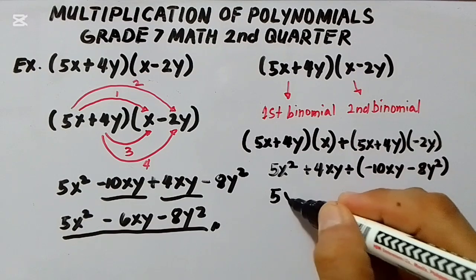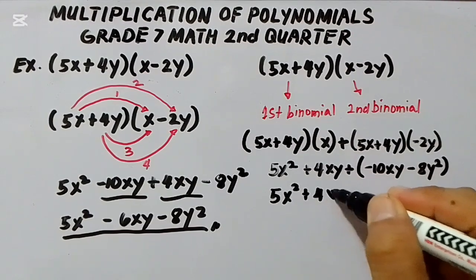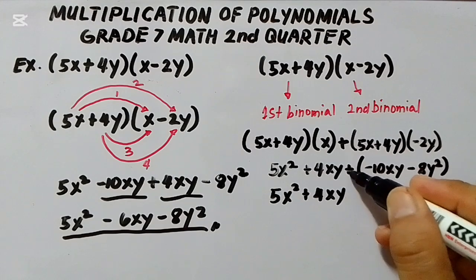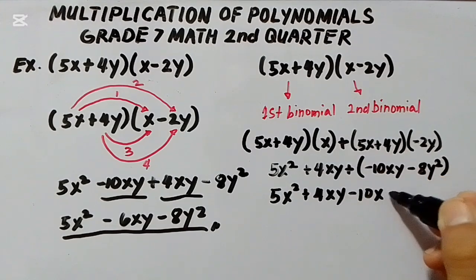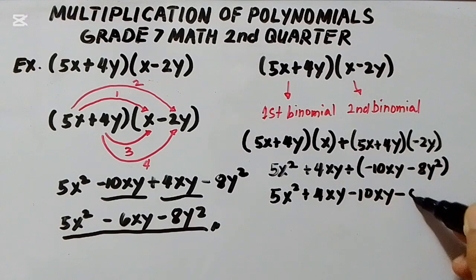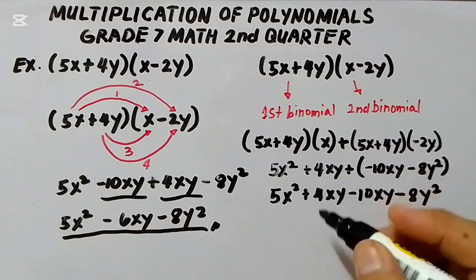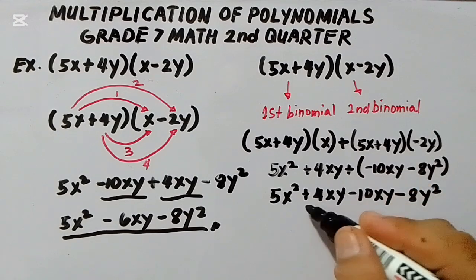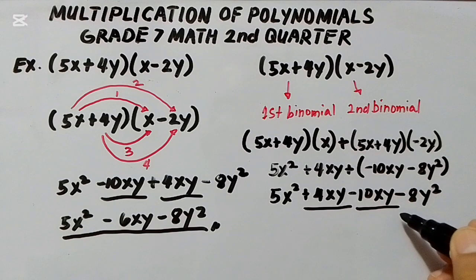So, we have 5x squared plus 4xy. Then, positive times negative, that is negative 10xy. Then, positive times negative, that is negative 8y squared. Then, combining like terms, meron tayong dalawa, 4xy and negative 10xy.